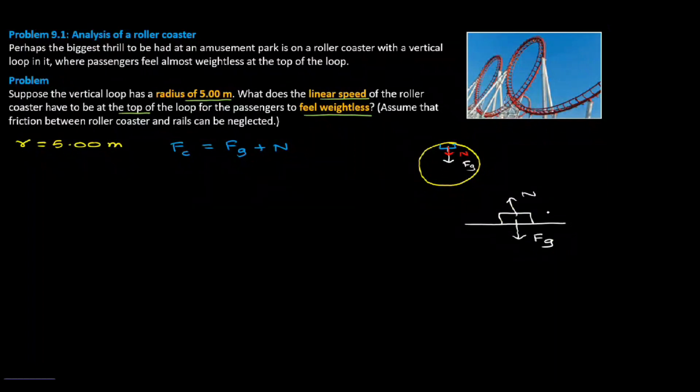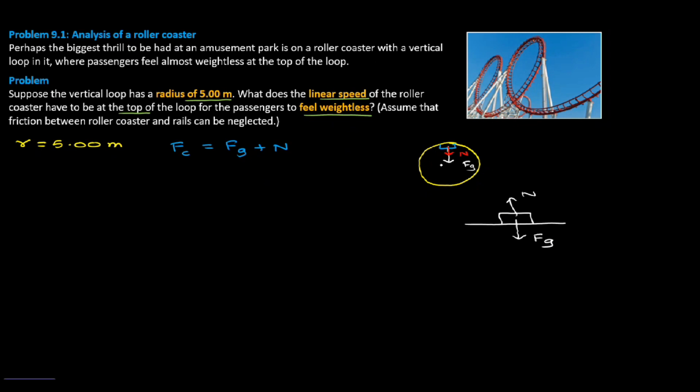And because of this normal reaction force, we feel our weight. This normal force always acts perpendicular to the surface. Now, any object will feel weightless in the absence of this normal force. If there was no reaction force acting on you, you would not feel your weight.